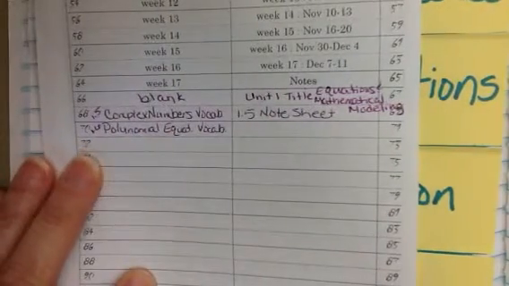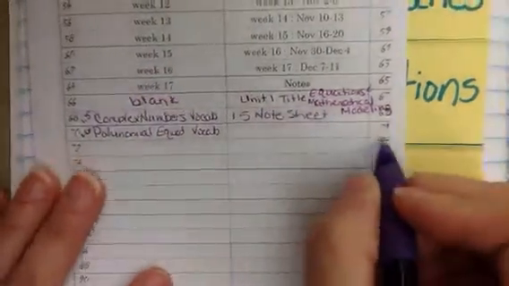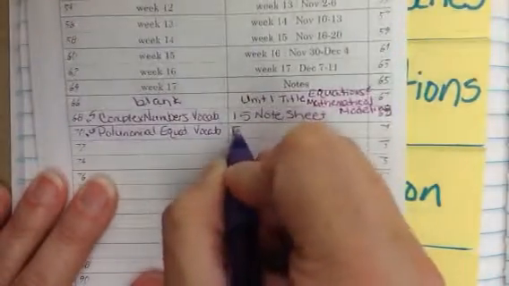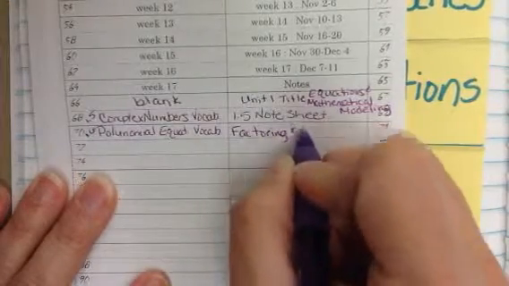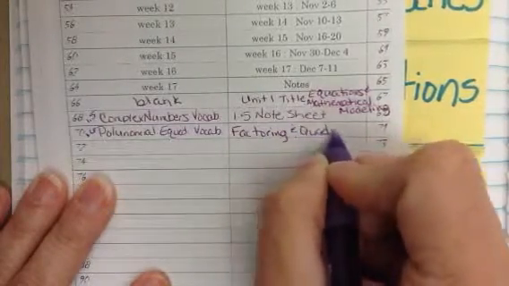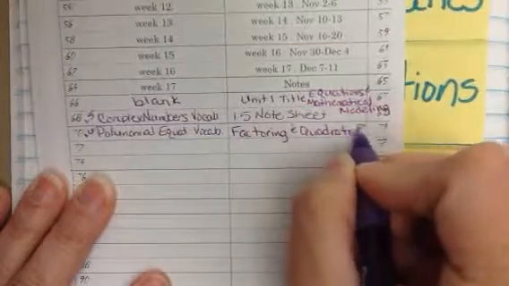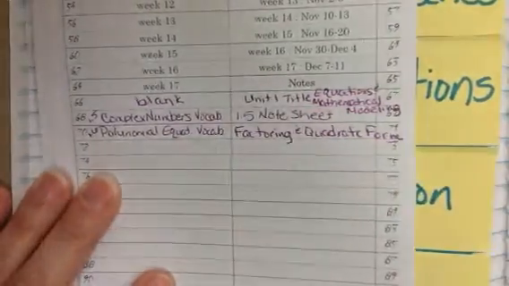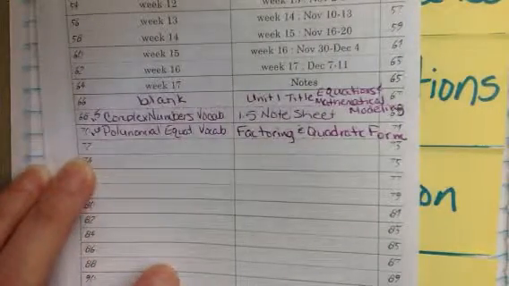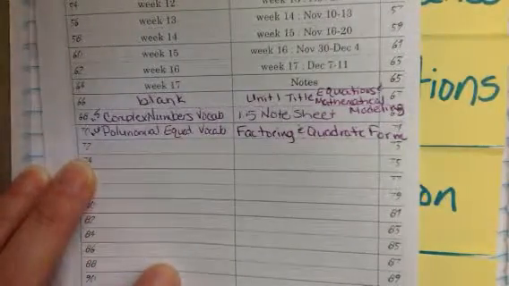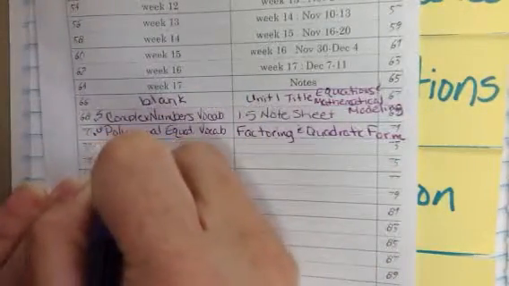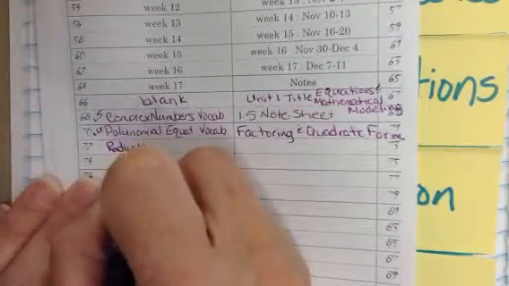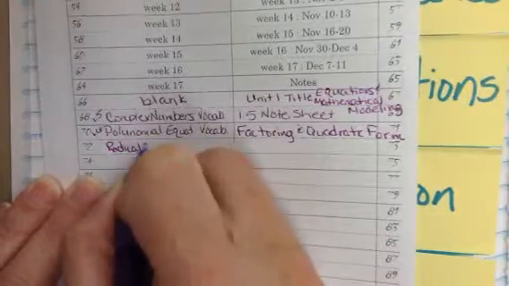This one was section 1.5. If you want to go ahead and label this, page 71 is going to be factoring in quadratic form. Page 72 is going to be radical equations and rational equations.